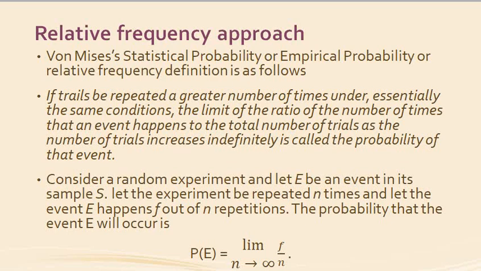For example, consider an experiment in which an electrician fitted two fans, and it happens that the first fan he fitted failed to work and the second fan works. So the probability that a fan fitted by that electrician works will be 1 by 2.